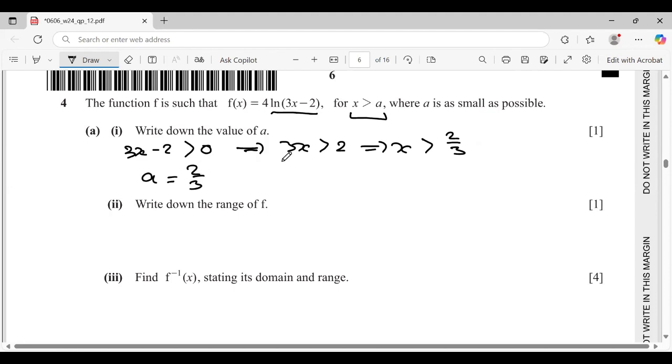Write down the range of f, the range of this function.